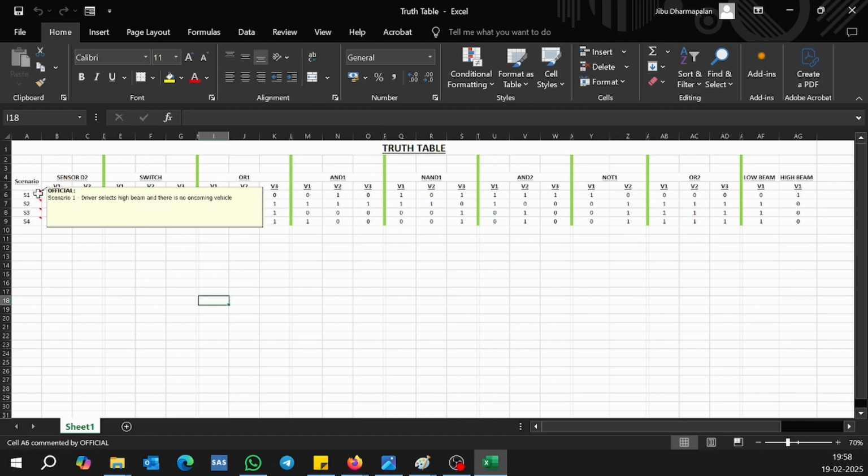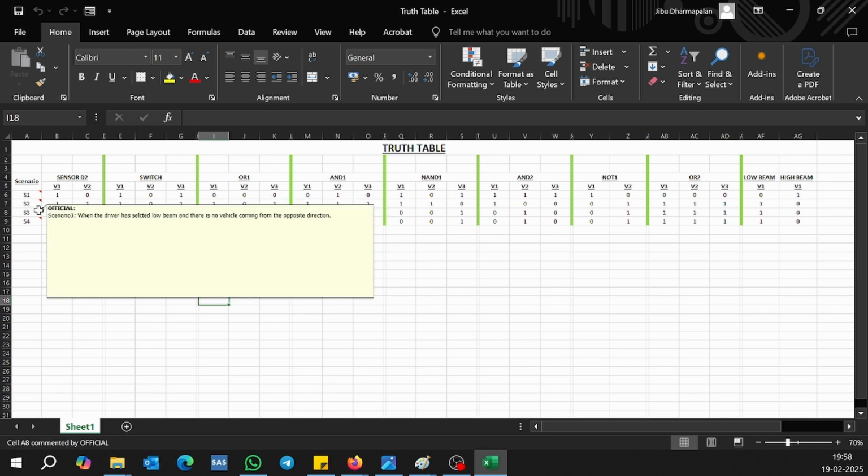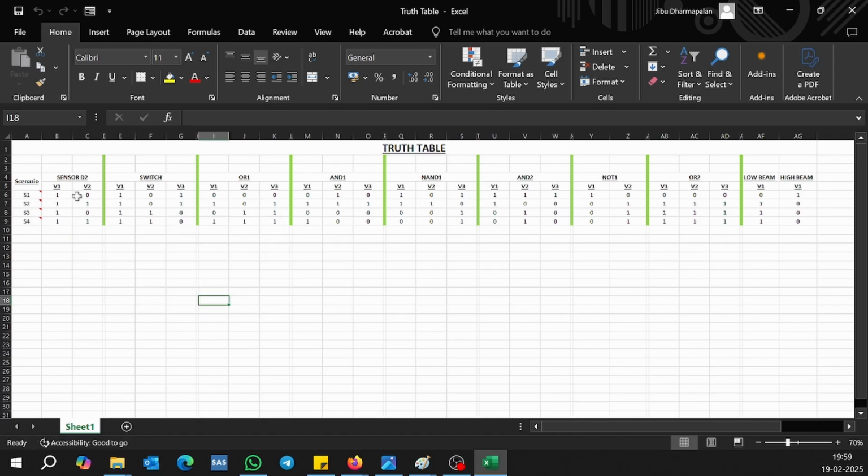Scenario 2 is when the driver has selected the high beam and there is an oncoming vehicle. The third is when the driver has selected low beam and there is no vehicle coming from the opposite direction. The fourth is when the driver has selected low beam and there is an oncoming vehicle.